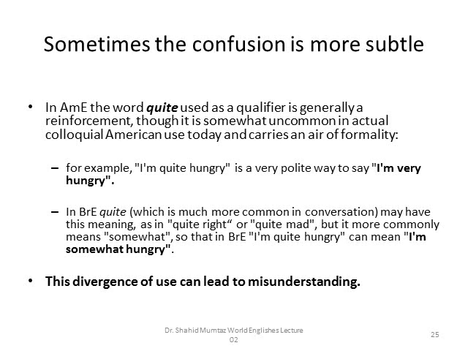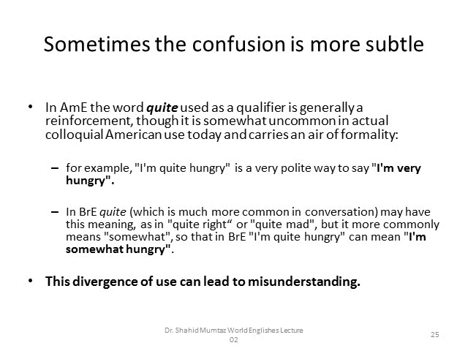Sometimes confusion is more subtle. In American English, the word quite used as a qualifier is generally a reinforcement, though it's somewhat uncommon in actual colloquial American use today and carries an air of formality. For example, I'm quite hungry is a very polite way to say I'm very hungry in American English.